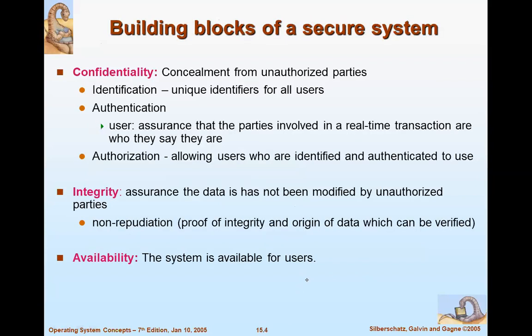Building blocks of secure systems, as I told you, there are some specified requirements for security or a secure system, and the first one is confidentiality. Confidentiality is concealment from unauthorized parties. You need to identify every party who wants to get access, and similarly you should also authenticate them, and you should also verify the authorization, that for which services.